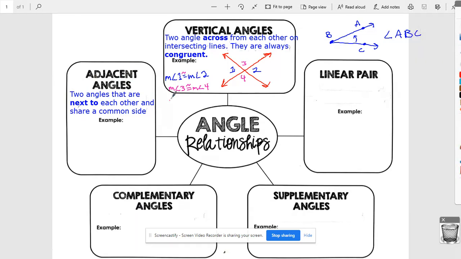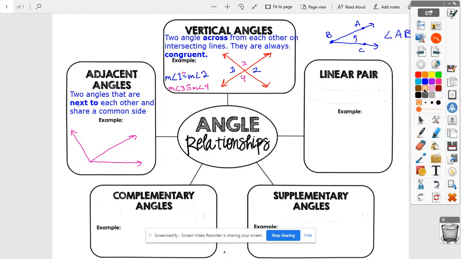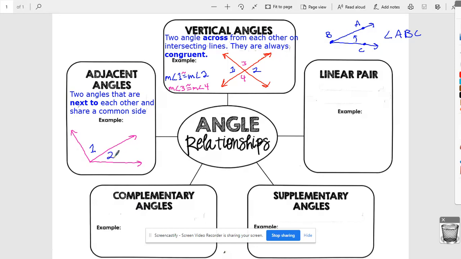For example, we might have one larger angle that might look something like so. We have an angle here. If we have another angle that goes through that, we would have one angle here and one angle here. Angles 1 and 2 would be adjacent because they share this. This would be our common side.